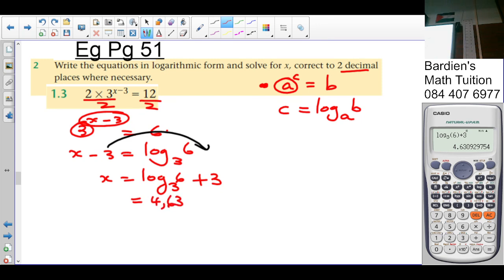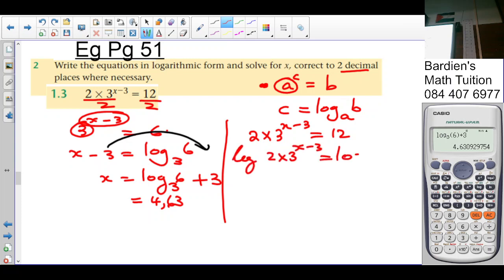Otherwise, we applied logs from the beginning. So it's 2 times 3 to the x minus 3 is equal to 12. Do I introduce logs both sides? It simply reads log of 2 times 3 to the x minus 3 is equal to log 12. So what we're going to do is break this up.